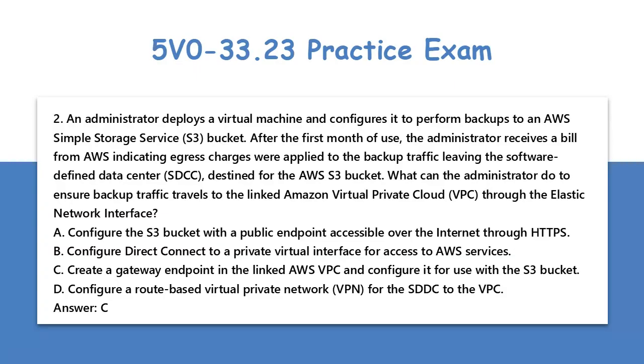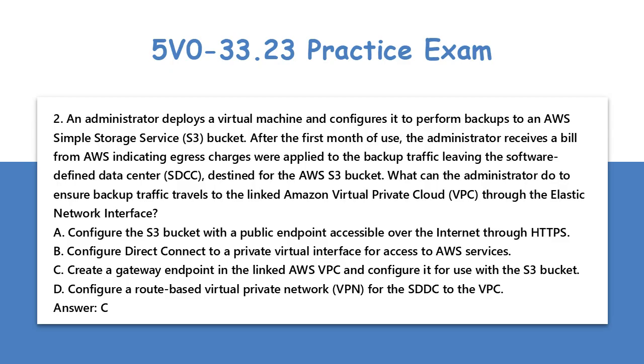What can the administrator do to ensure backup traffic travels to the linked Amazon Virtual Private Cloud (VPC) through the Elastic Network Interface? A. Configure the S3 bucket with a public endpoint accessible over the Internet through HTTPS.